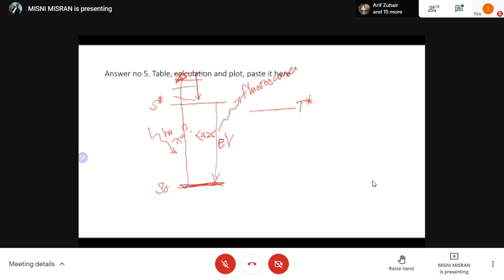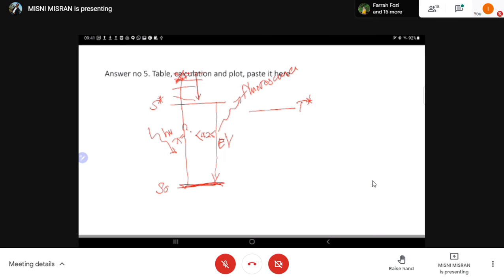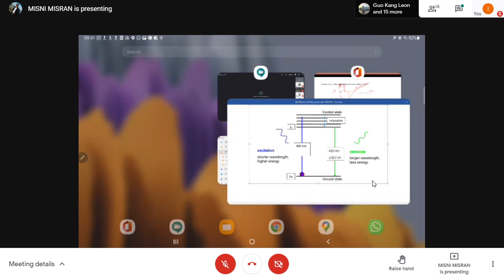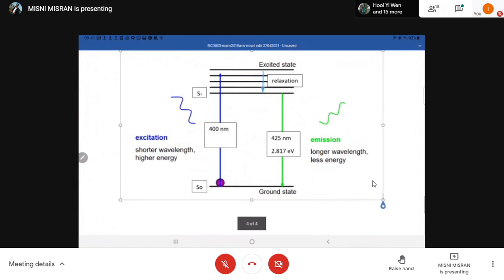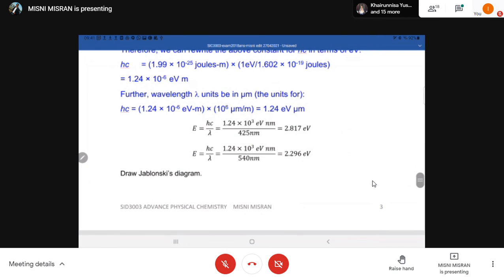So this one is 418, and you have 218. This is 425 and 540. I just put 425 and 218 and 2.87.